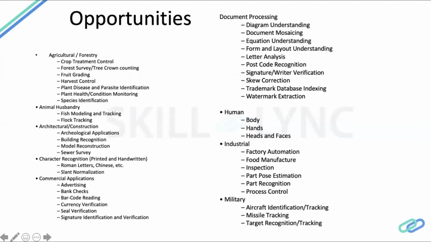Having said that, these are some of the opportunities we can look into, meaning applications of machine learning and computer vision. For humans, it's hand, body, and face detection. In industry, of course, it's used in food manufacturing. I was contracted by a company called Check, who have shipping containers. They are trying to take pictures of shipping containers to see if they're damaged or not, in an automated process.